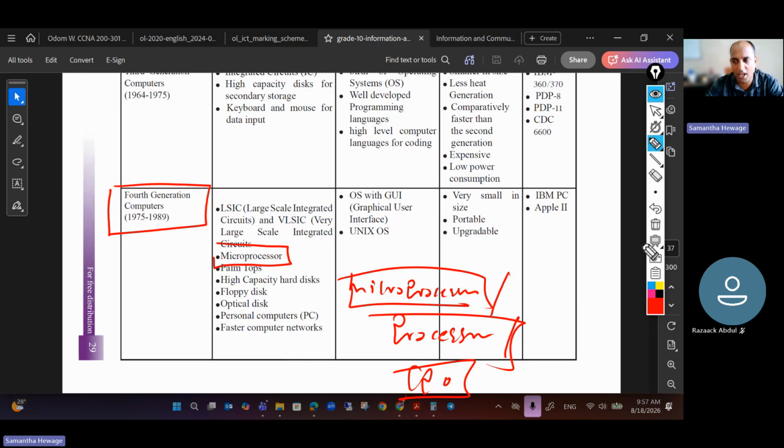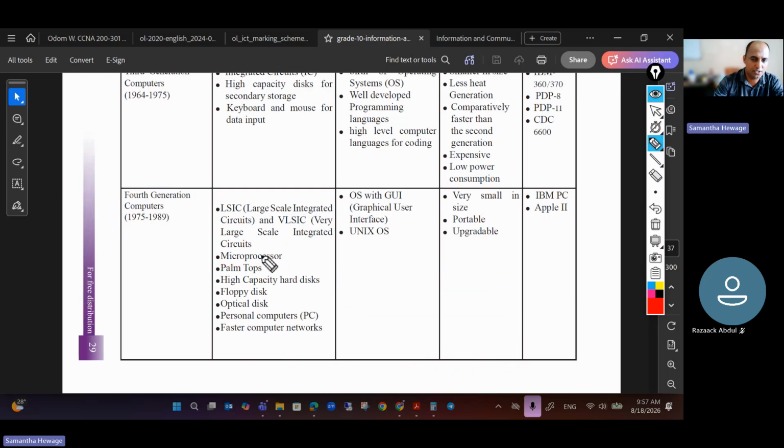Okay, and it's not only the microprocessor; there is also large scale technology. We have an integrated circuit, we have a large scale integrated circuit, and we have a VLSIC, very large scale integration circuit.